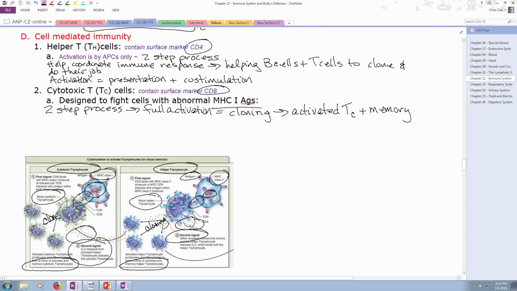So is the original cytotoxic T cell doing anything other than cloning itself and cloning those active ones? Is it going to go out and fight, or is it only going to clone? It is going to clone. The naive cell is like the parent that's going to create the clone, create the army.